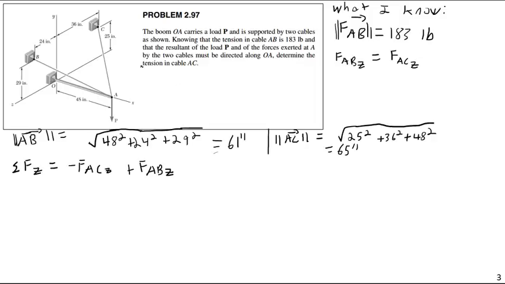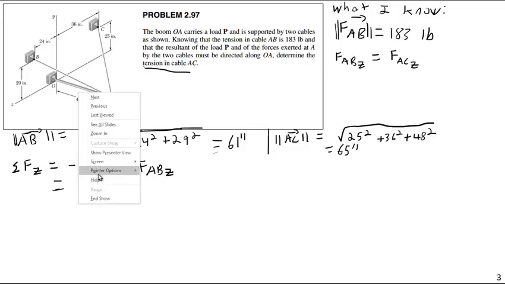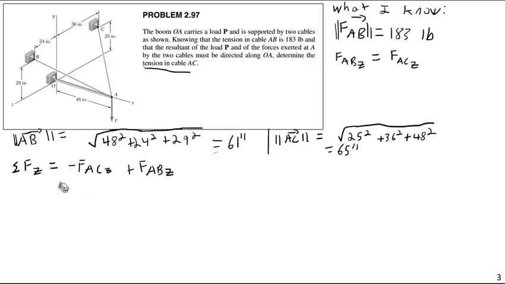And so we're trying to find the tension in cable AC. If you want to know why the Z component is negative here, well, we're looking at the tension at point A, so it is clearly pulling point A in the negative Z direction. Okay? Now, for these three-dimensional problems, there's another way I can do this. If I want to know the X component of the force here, observe what I'm doing.